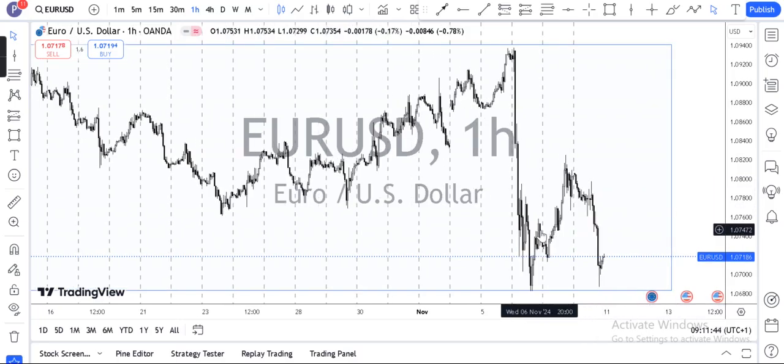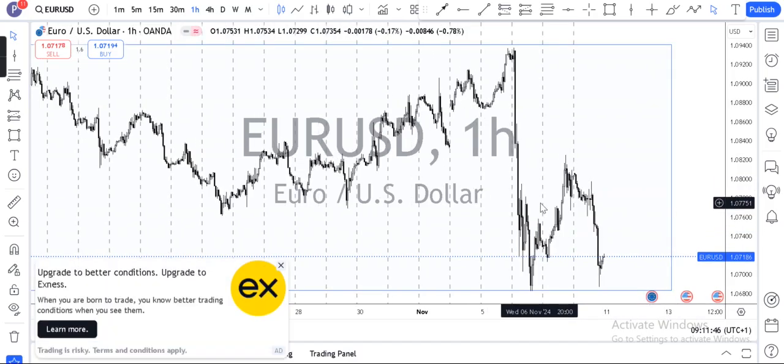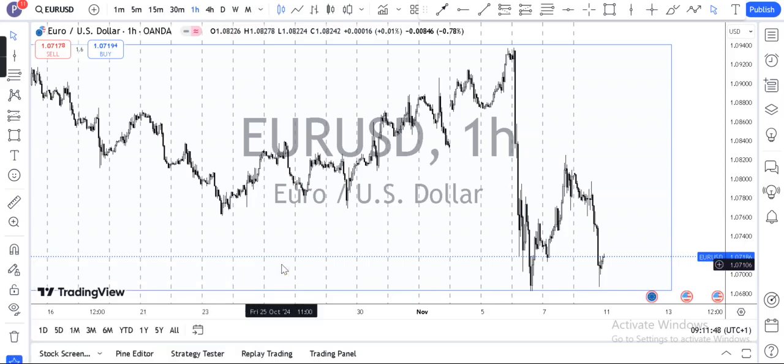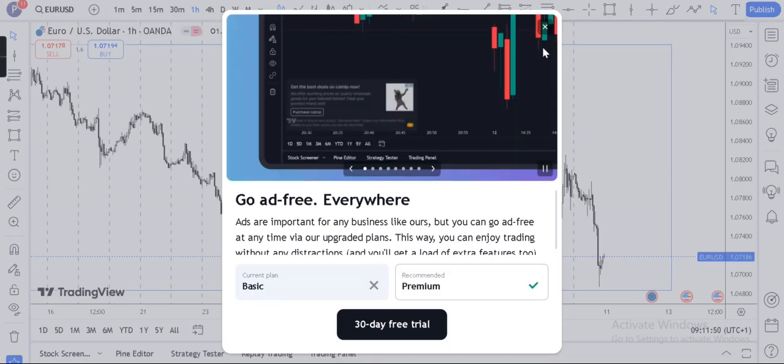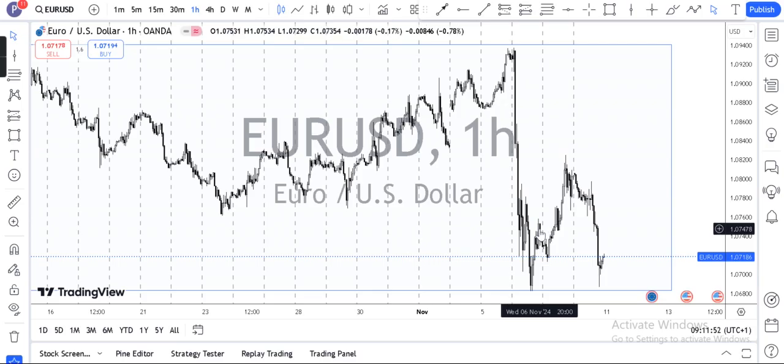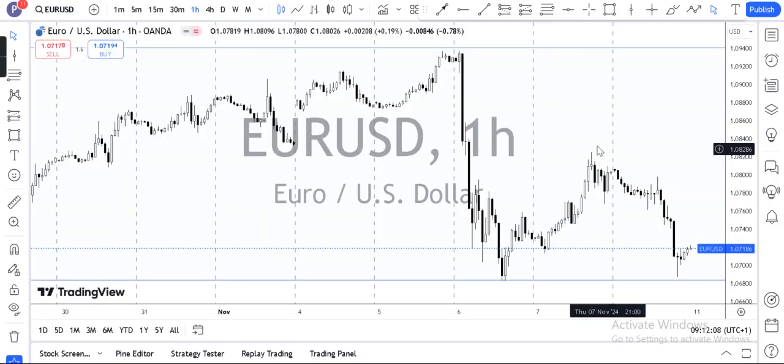It helps us to identify the point at which the previous day ended, and to demarcate each of the days to understand what happened during that particular day in the market.